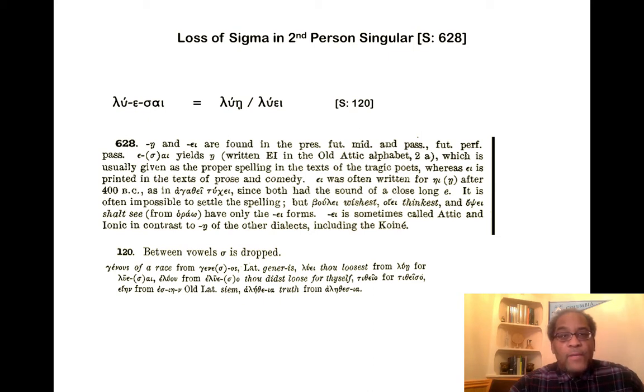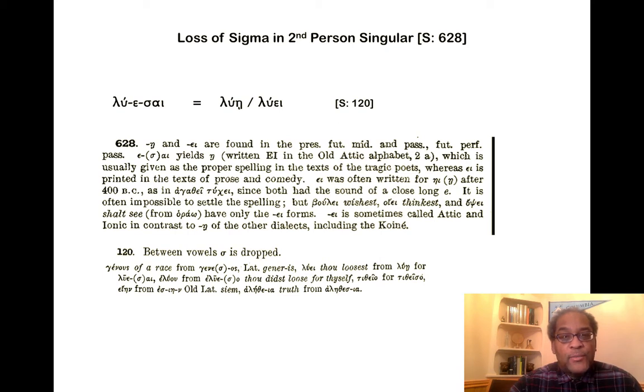So we have lu-si becomes lu-a, either with eta and iota subscript, or with epsilon iota. And this is accounted for by the phonetic rule found at Smyth 120 that sigma between vowels is dropped, and then the two vowels in play will contract.